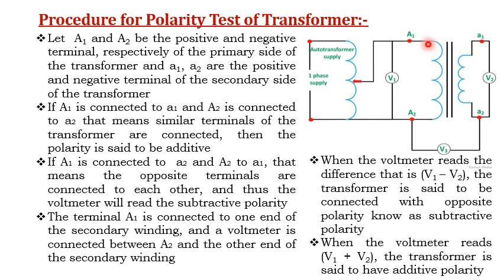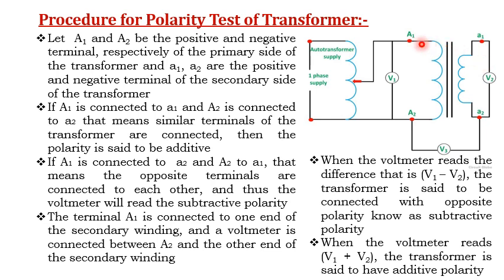Let us assume A1 and A2 are the positive and negative terminals respectively. Similarly, small a1 and small a2 are the positive and negative terminals respectively. If capital A1 is connected to small a1 and capital A2 to small a2, that means similar terminals are connected, and the polarity is said to be additive.